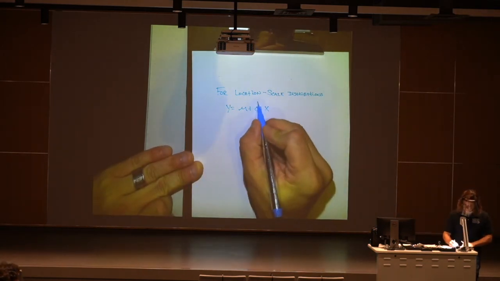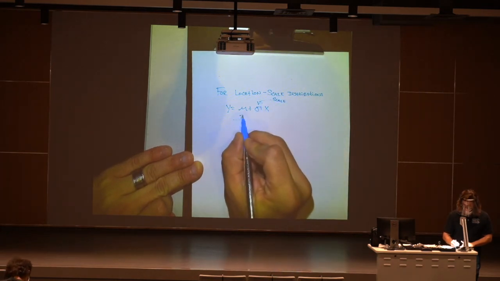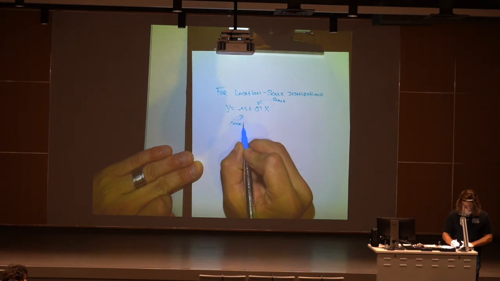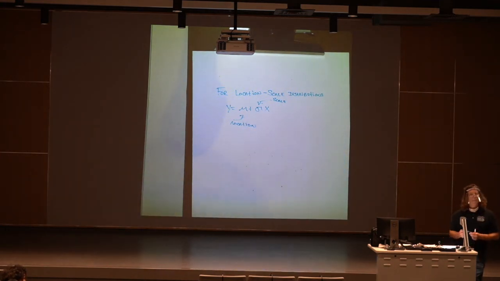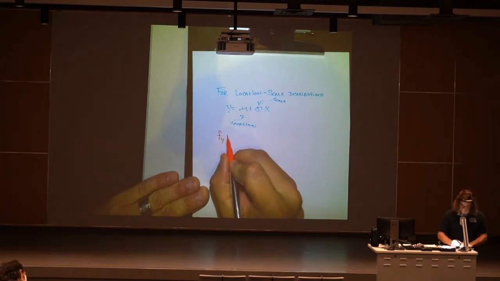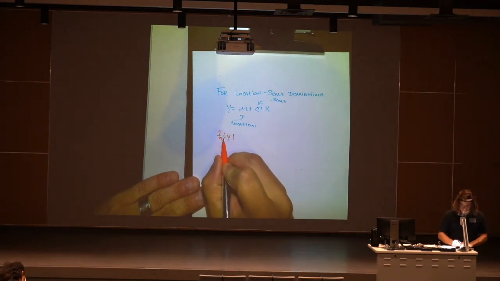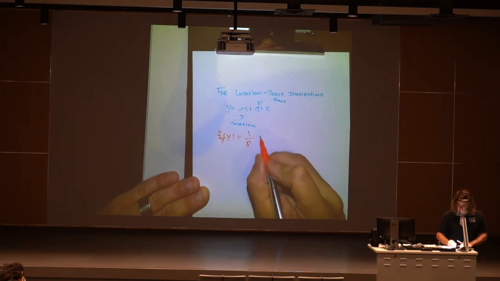Here's the scale. Here's the location. If I have the distribution for f of x, I know how to transform it to get the distribution for fy. So fy, right here, usually I cap these just to be specific, was 1 over sigma fx.